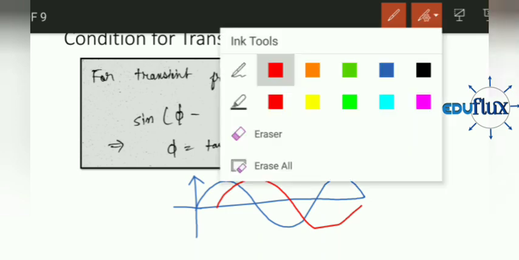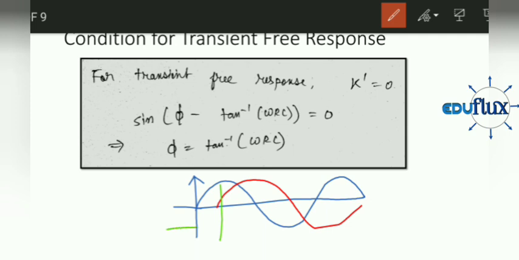So this part will be our phi. What will be our phi? This can mean two things. We add phi in our solution, that is sine omega t plus phi. So omega t is a minus phi. Here I am showing the minus case.